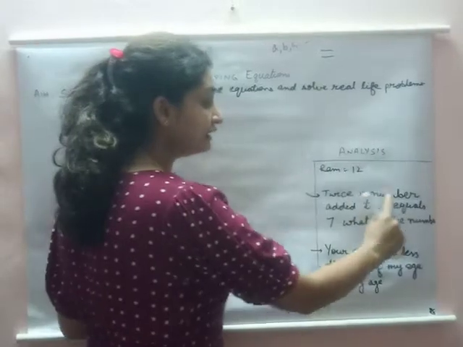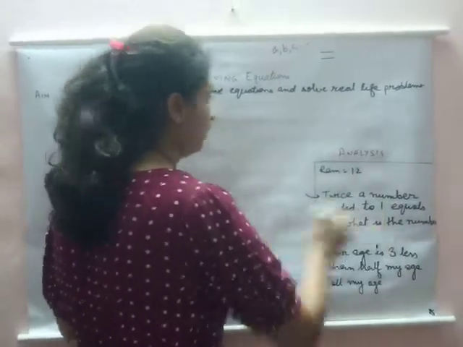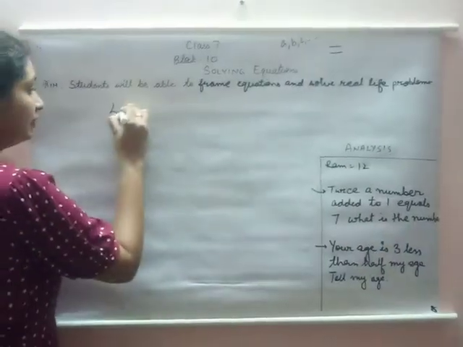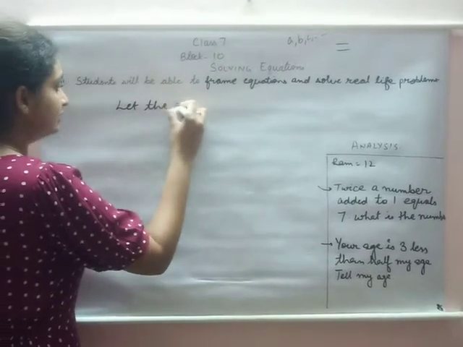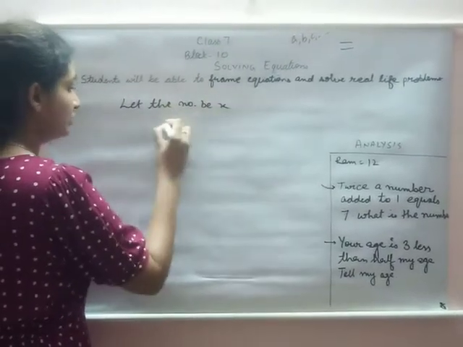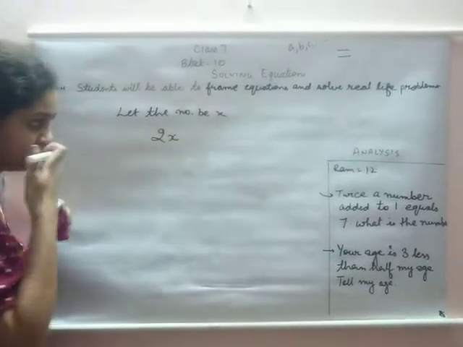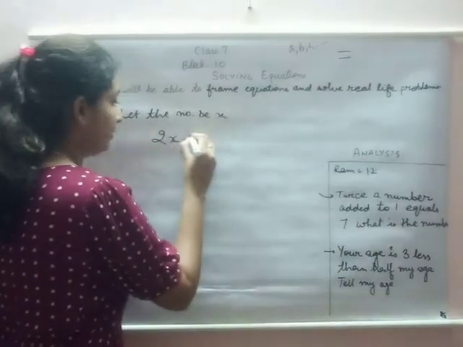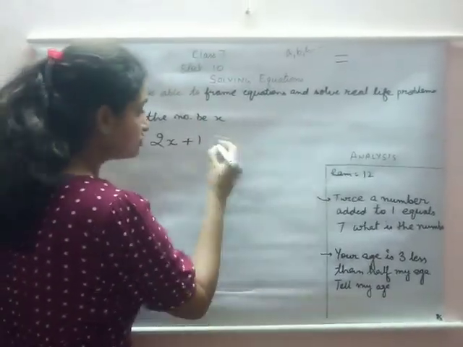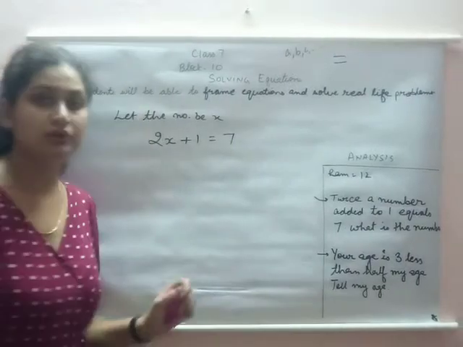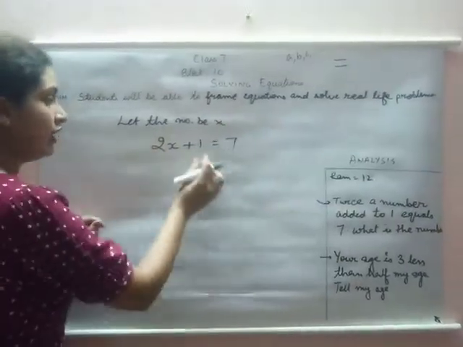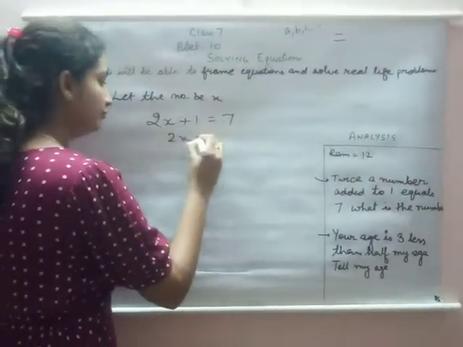Now, twice a number added to 1. Twice a number, let the number be x. Twice the number means 2 times the number. Added to 1 equals 7. What is the number? We have to find the value of x. 1 will go there, becomes minus 1.